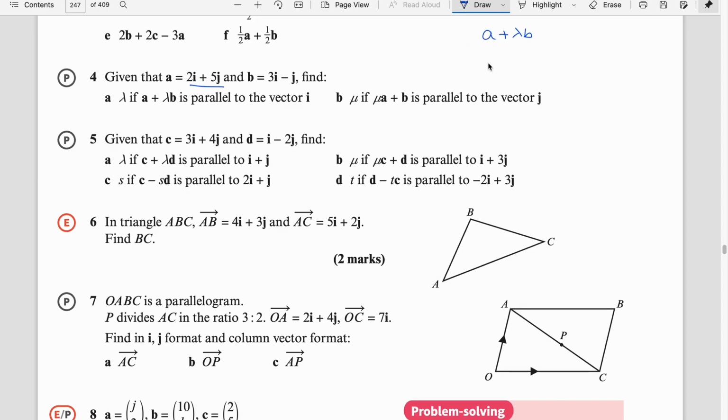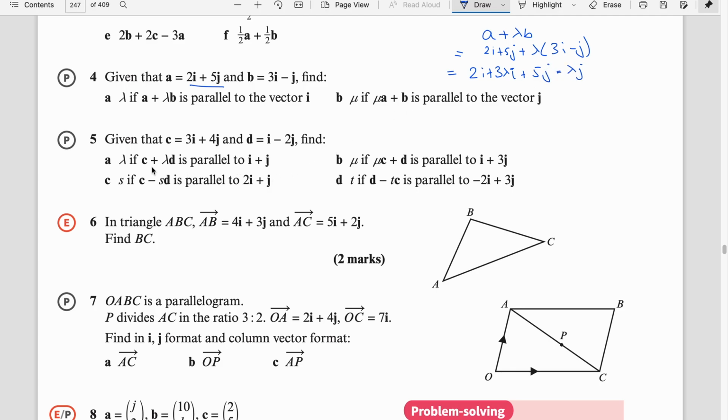A was 2i plus 5j, lambda, and B is 3i minus j. If we simplify this first, this becomes 2i plus 3 lambda i plus 5j minus lambda j.